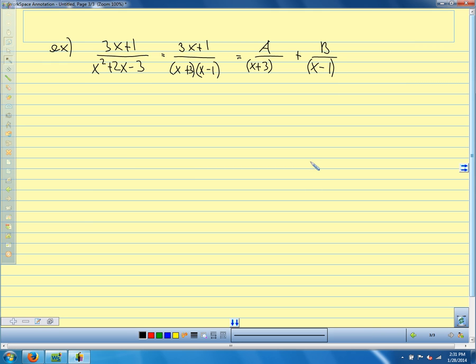Now when we're using partial fraction decomposition, we always multiply both sides by the least common denominator. This time I'm going to write it out, though we don't always have to. I'm multiplying everything by x plus 3 times x minus 1.